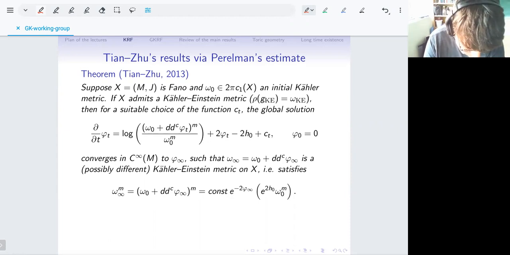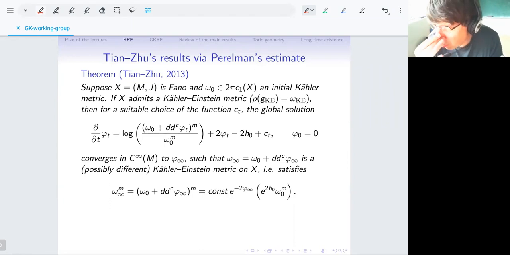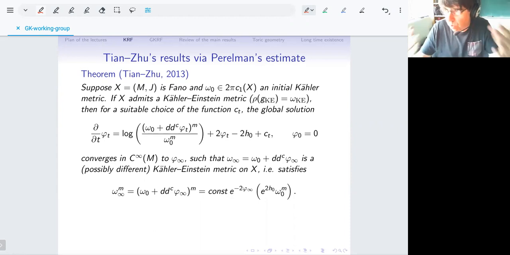So then what they proved is that this global solution given by the Cao theorem will converge, when t goes to infinity, to another possibly different Kähler-Einstein metric. The problem is that you may have automorphisms, and these automorphisms will act on Kähler-Einstein metrics, so you have a whole orbit of them.